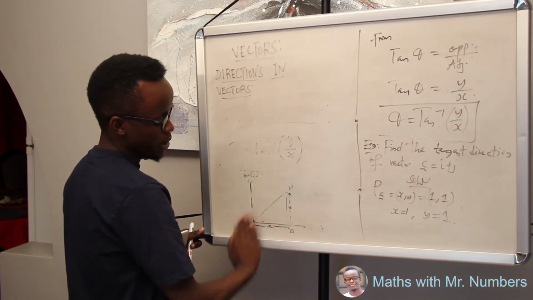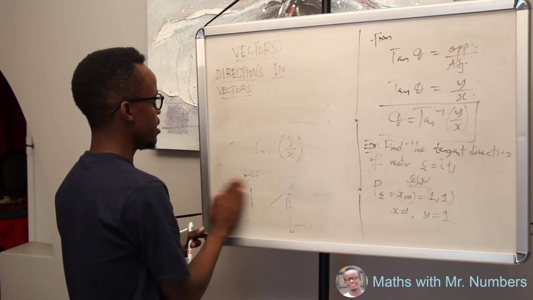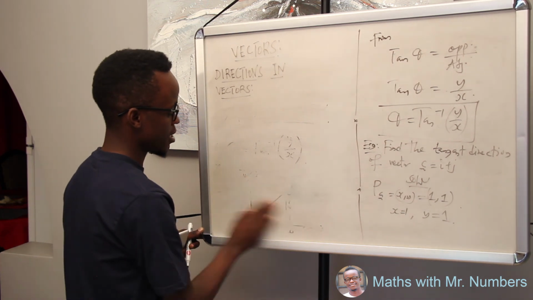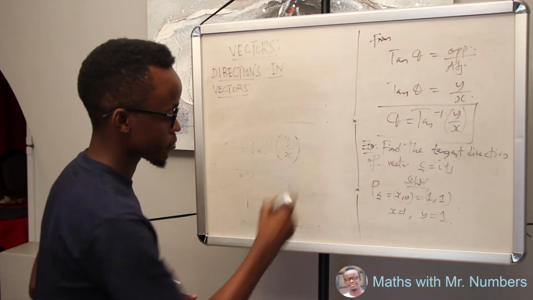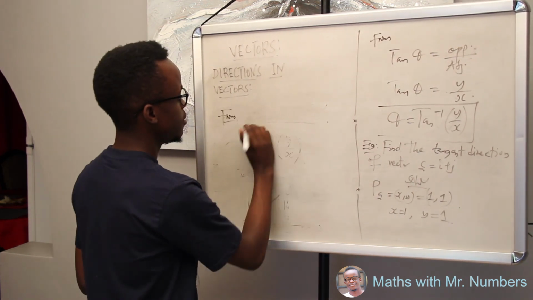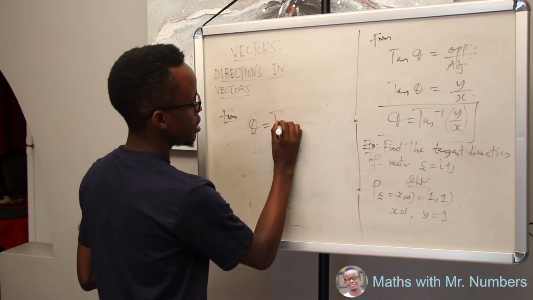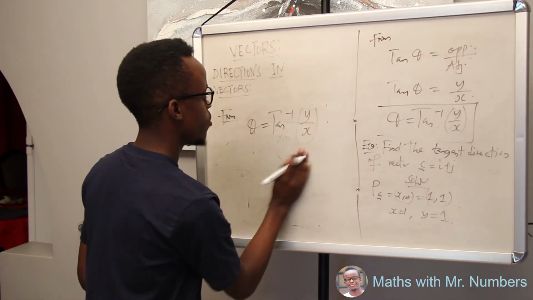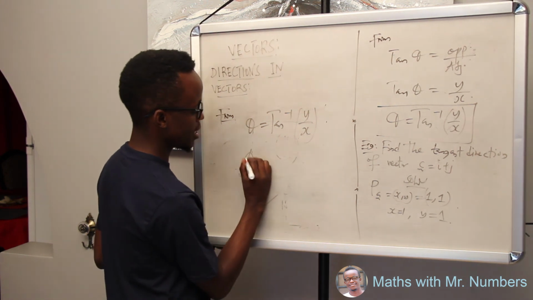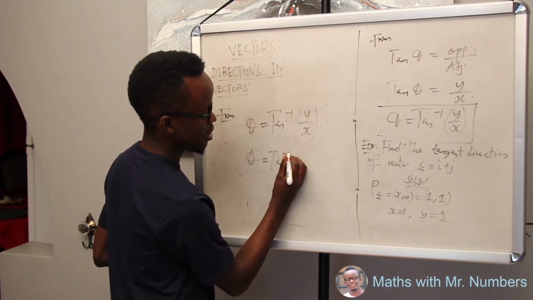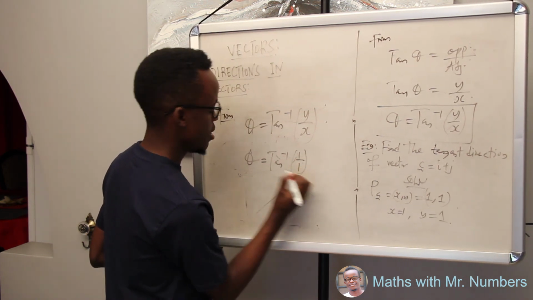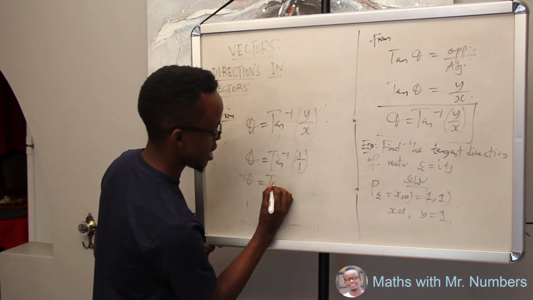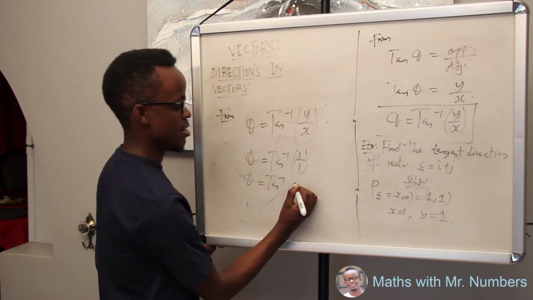the angle between the positive x-axis and the vector itself. Therefore, from theta equals tan inverse of y divided by x, theta equals tan inverse of 1 divided by 1, therefore theta equals tan inverse of 1.